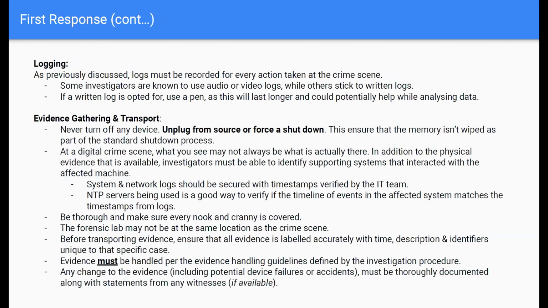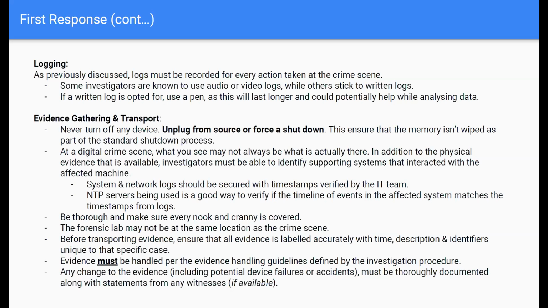Logging. I'd mentioned this during the network forensics side as well, but logs are very helpful, especially here. Some investigators use voice memos or audio logs. Some investigators use video logs. Basically, set up a camera in the corner and record everything that they do, so that they could watch it or listen to it later and get a full idea of exactly every single thing that happened in that room or location.